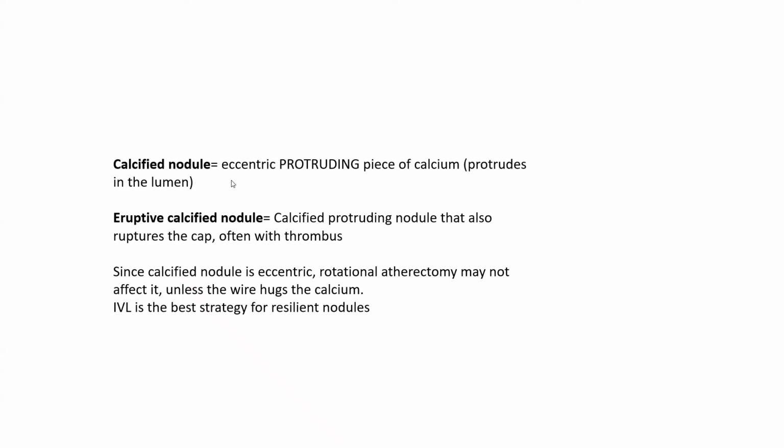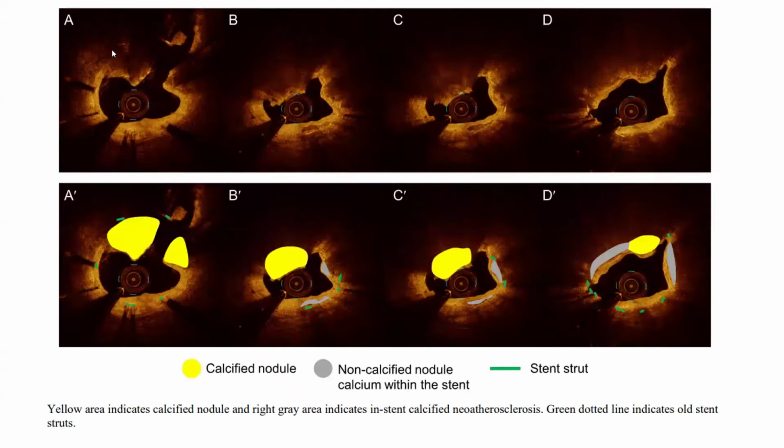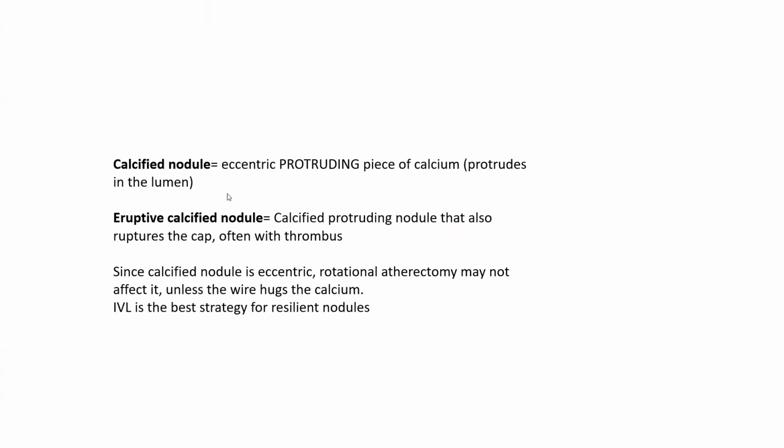A calcified nodule is an eccentric, protruding piece of calcium. The key word in defining calcified nodule is protruding, meaning that piece of calcium protrudes, bulges in the lumen. That's a calcified nodule. Now, calcified nodule can be eruptive or non-eruptive.